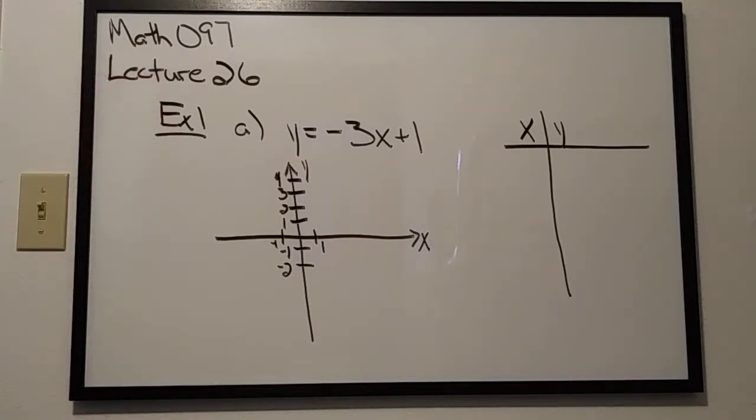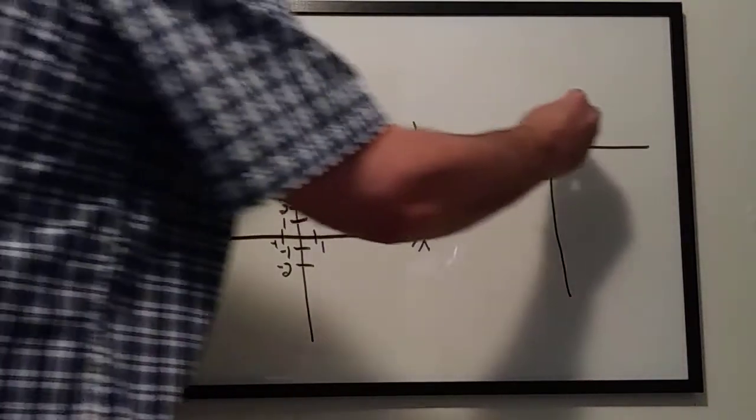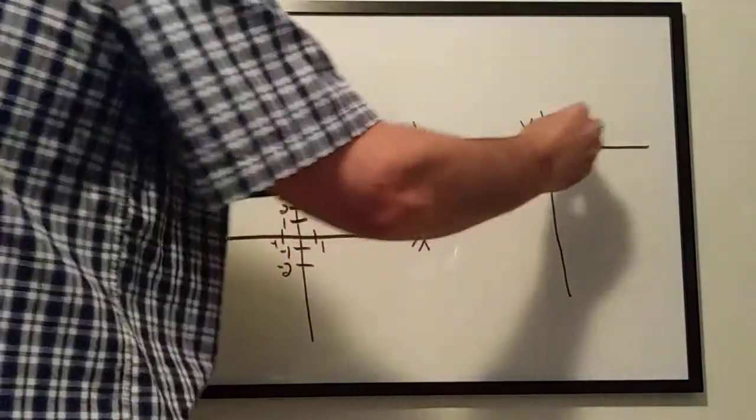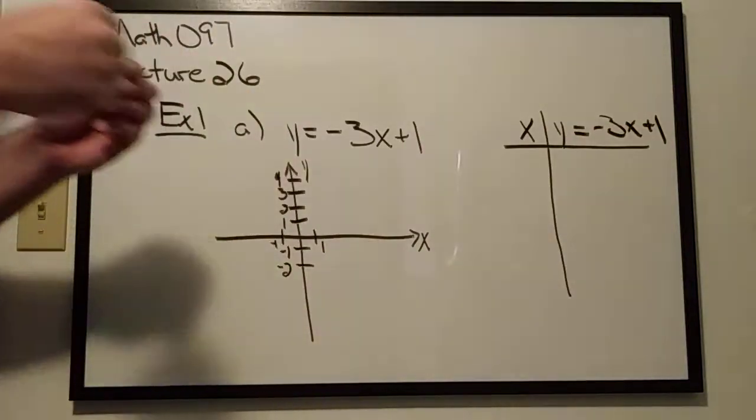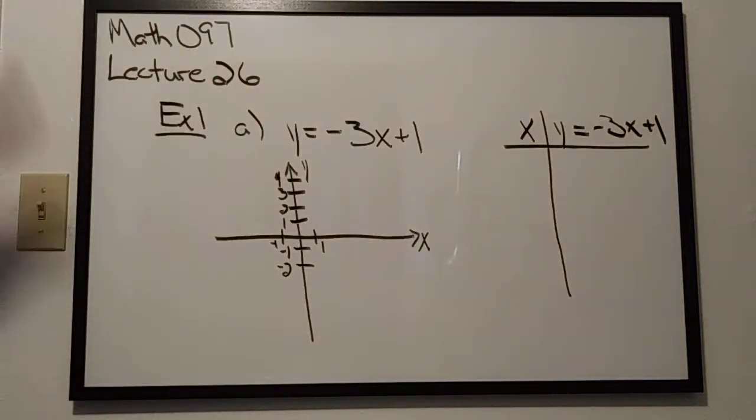Go ahead and create that xy table, and if you want to, write down the equation for y, y equals negative 3x plus 1, in that y column. When you create an xy table like this, you get to choose the x, and then you calculate the y that goes with that.